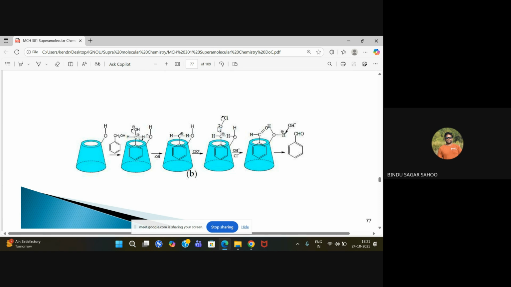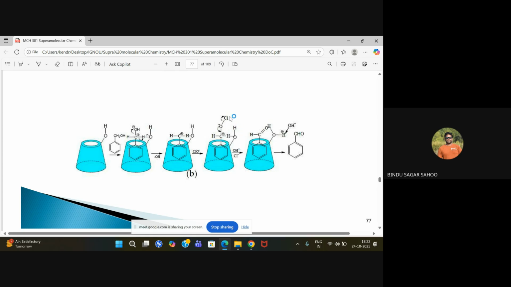And again the negative charge on the oxygen will shift towards this carbon center, and this will form a double bond here. So along with the shifting of negative electron density from oxygen, the oxygen and chlorine bond will break, and this oxygen-chlorine electron density will shift towards the chlorine.